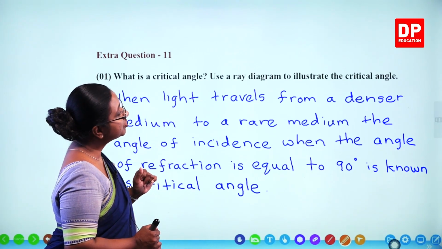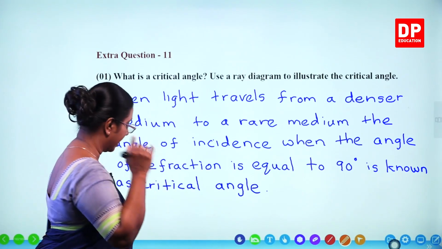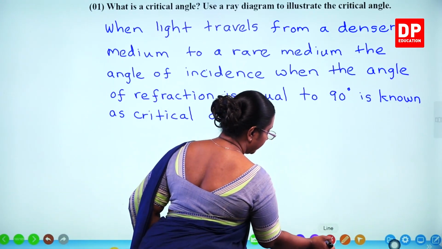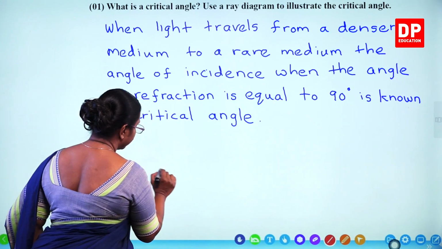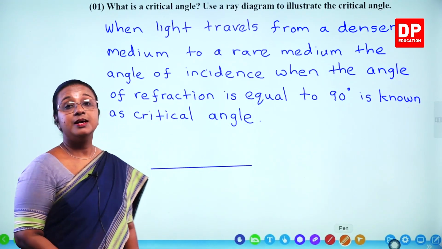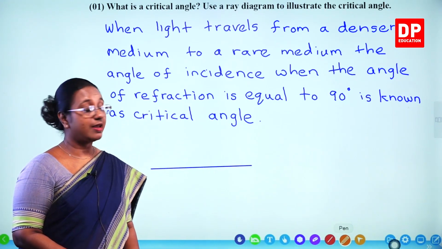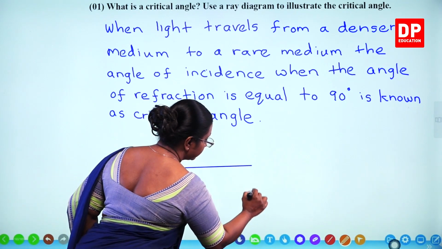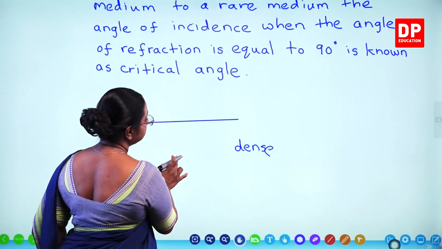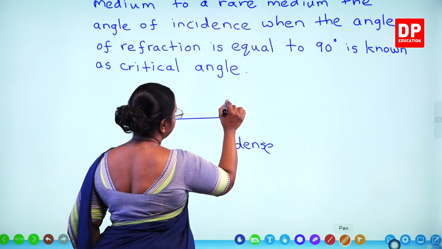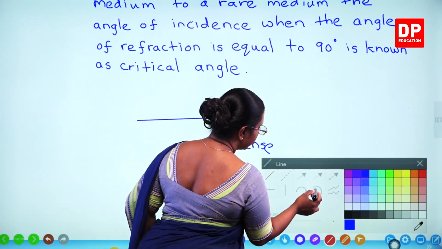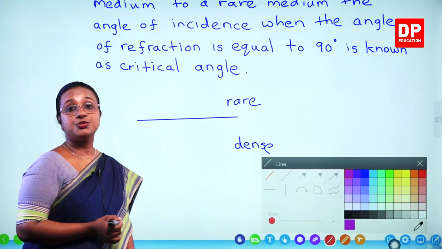Use a ray diagram to illustrate the critical angle. I am sure you can do that. So what do we need to draw? We need to show the interface first, and then we need to say what is the denser medium and what is the rare medium. So here this is the dense medium and this is the rare medium. Again, I will use a different color to show the rays.